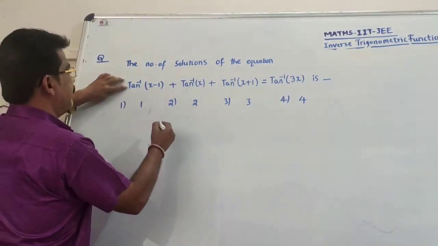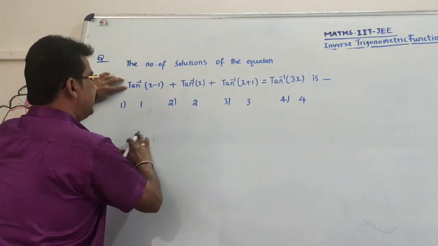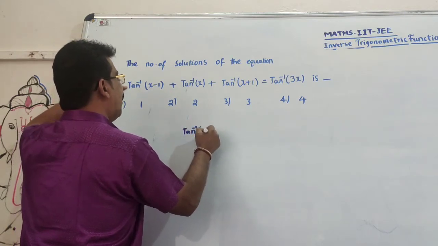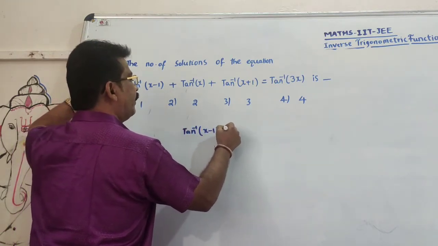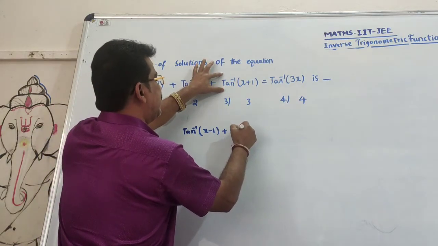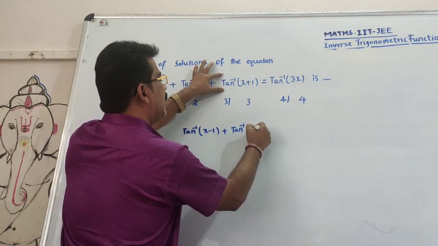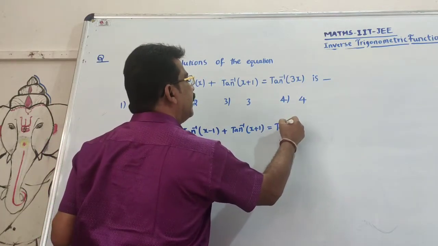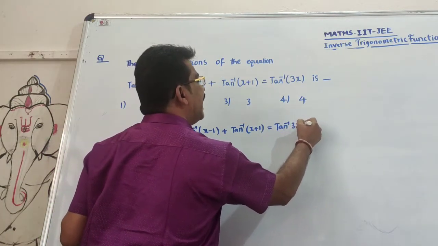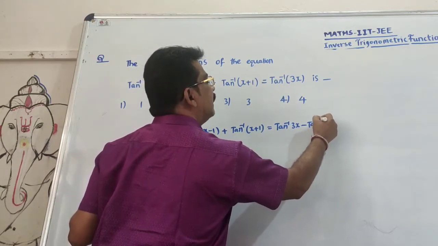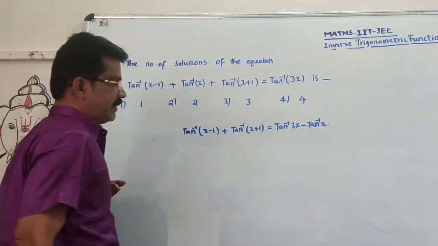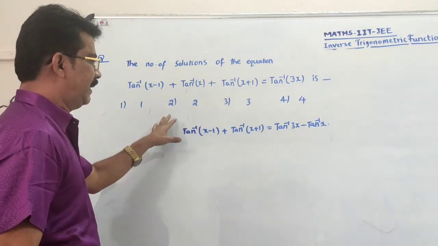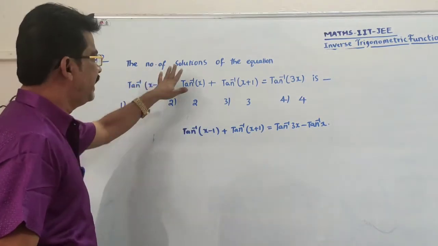So the given equation, for our convenience, can be written as tan inverse of x minus 1 plus tan inverse of x plus 1 is equal to tan inverse of 3x minus tan inverse x. For easy calculation, we take the given equation like that.